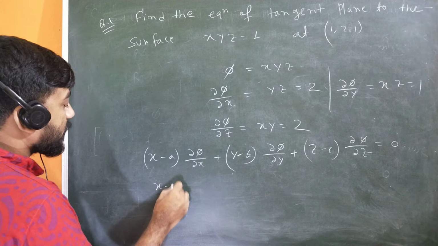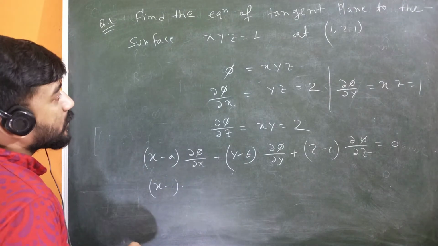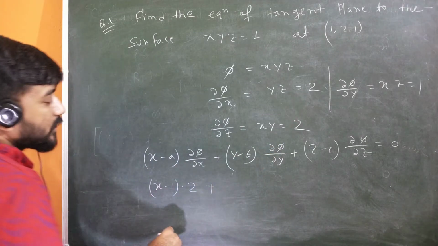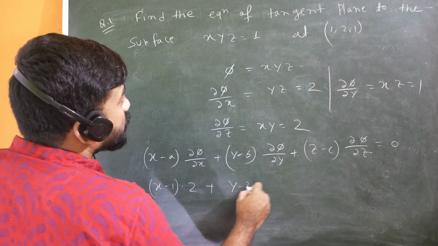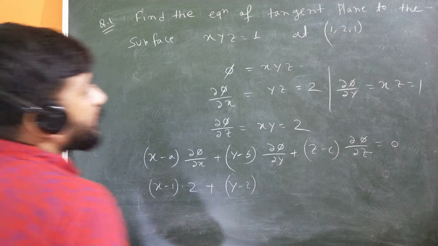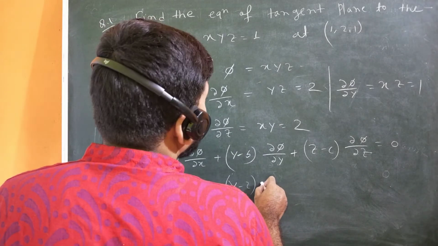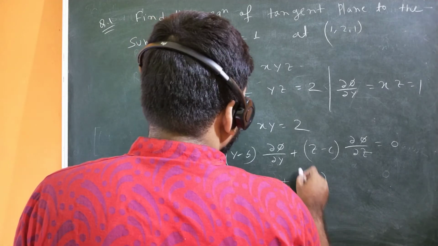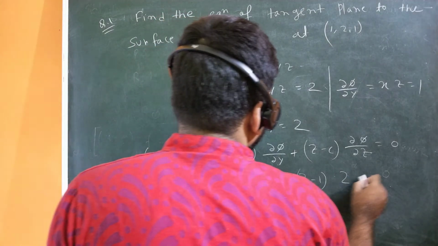So you have (x minus 1) into 2, plus (y minus 2) into 1, plus (z minus 1) into 2.